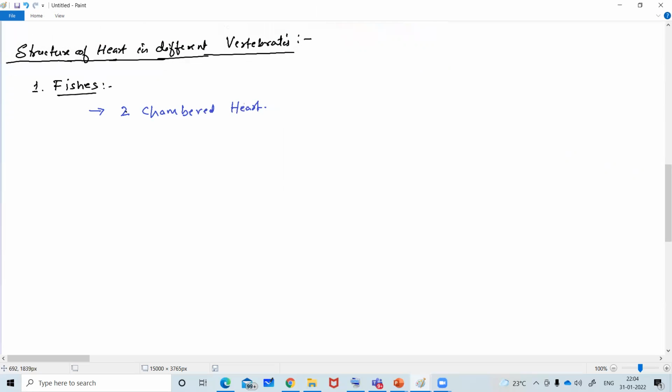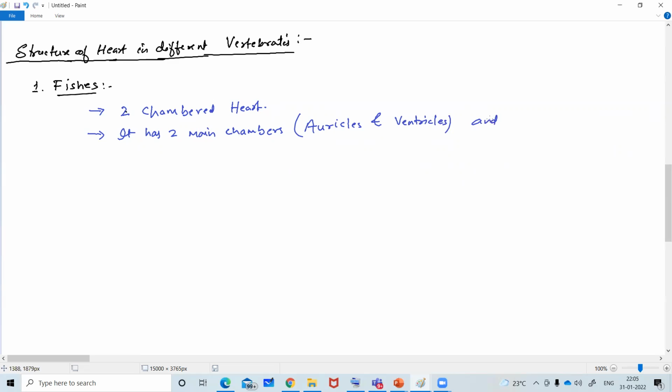One is auricle, another is ventricle. Right. So next point, you can say it has two main chambers. In brackets you can say auricle and ventricle.